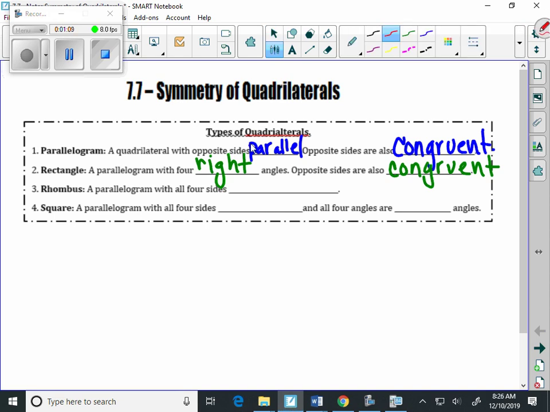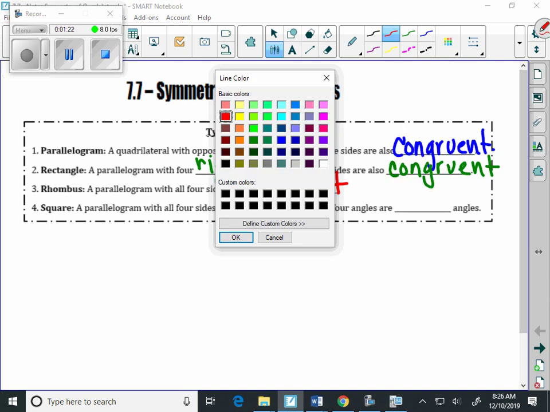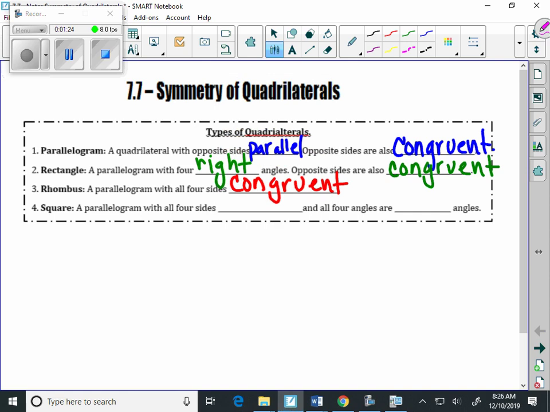A rhombus has 4 sides, and they are all congruent. And then finally a square. Well, a square is a parallelogram, it's a rectangle, it's a rhombus.